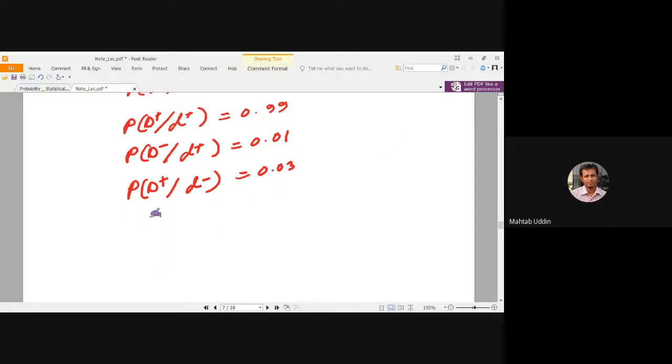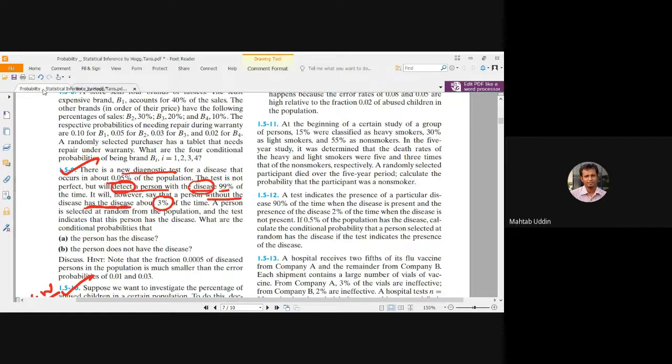So what is the complement? No detection under no disease is what? 97%. Now, what do they want? A person is selected at random from the population and the test indicates that this person has the disease.